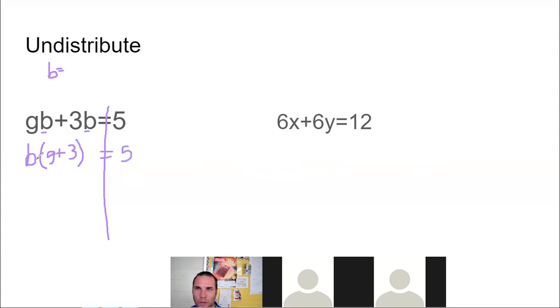In other words, if you were given this line first, you would just multiply B times both. So you can go from having B in both to taking it out. Same thing here. If you have a 6 on both, you can take out the 6.